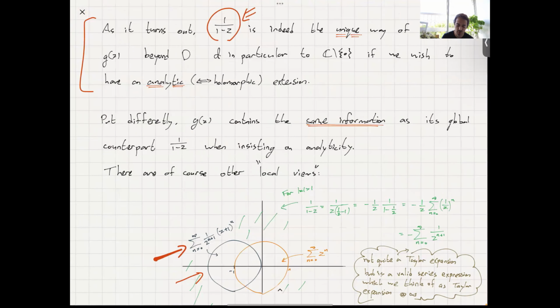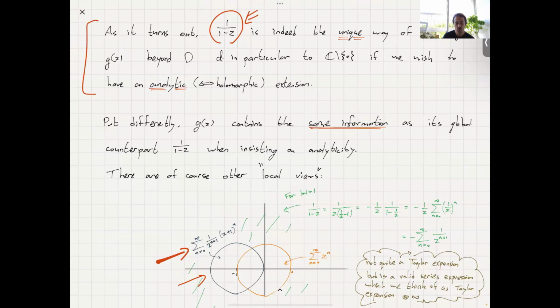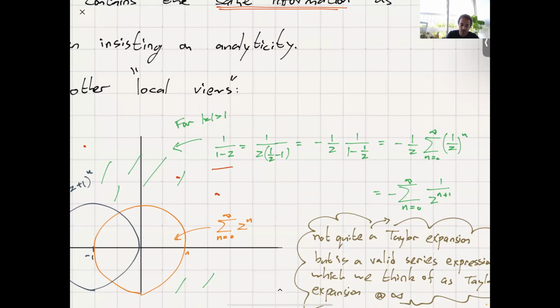Interestingly, and again, before moving to the general setting, you can pick up other points, any point that you like, but in a sense, you can also pick up the point at infinity. So what do I mean? Let's look at our function. With hindsight, we know the global function, 1 divided by 1 minus z. Let's do some arithmetic massage to it. First of all, I'm going to take 1 over z out here and then do this.